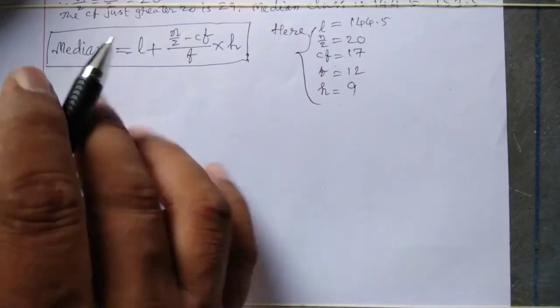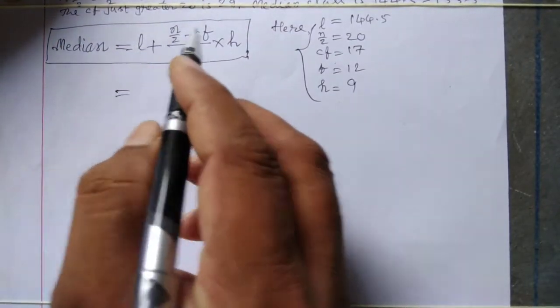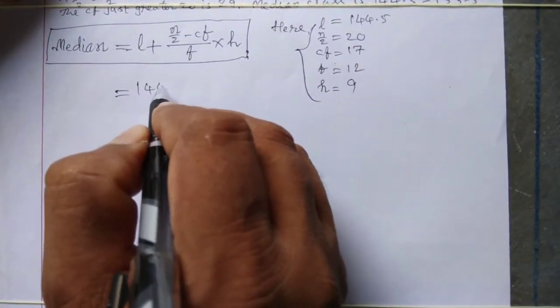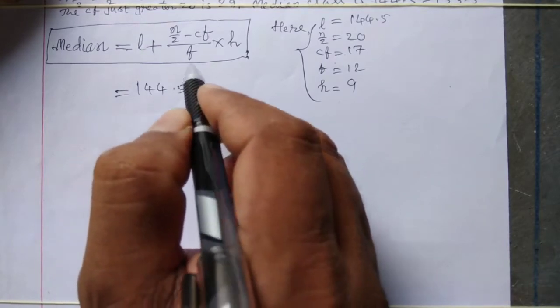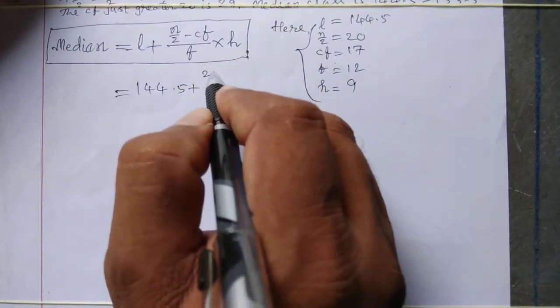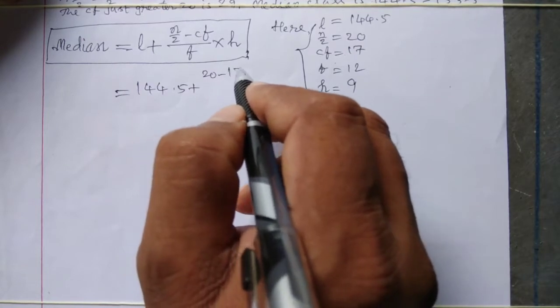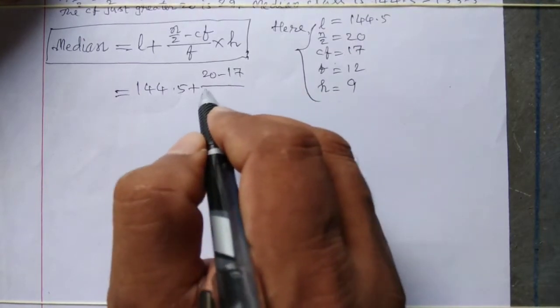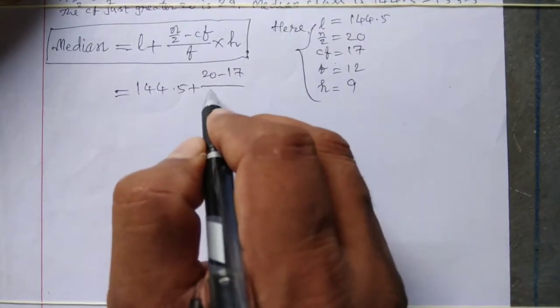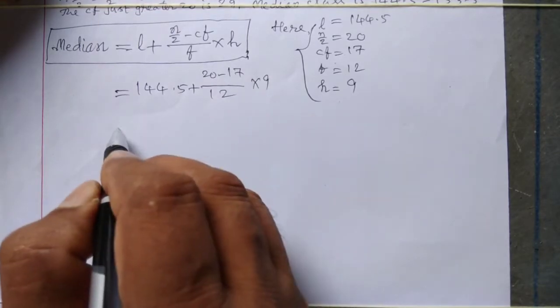Here L is equal to 144.5, n by 2 is 20, minus CF 17, by f 12, into 9.